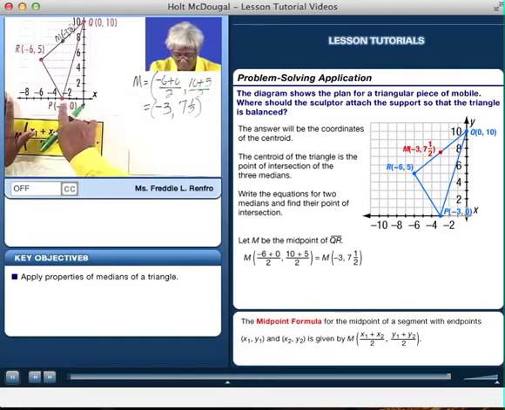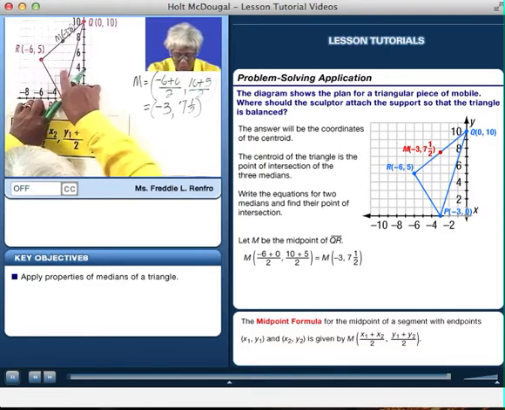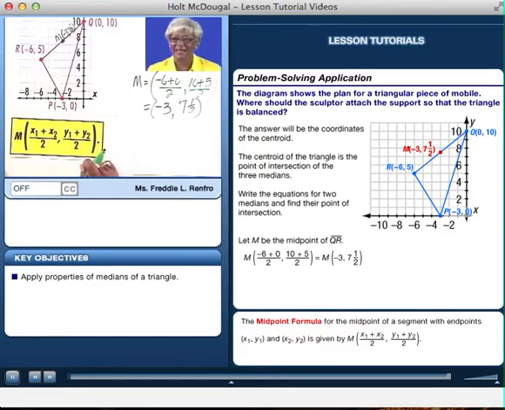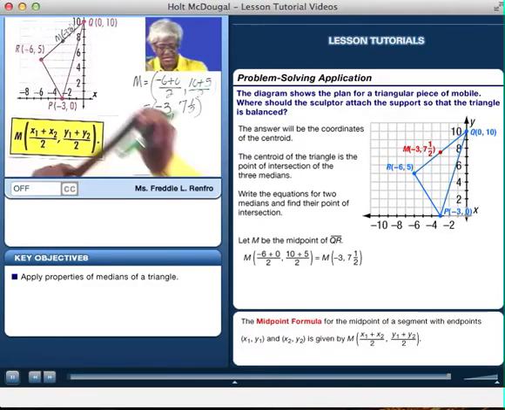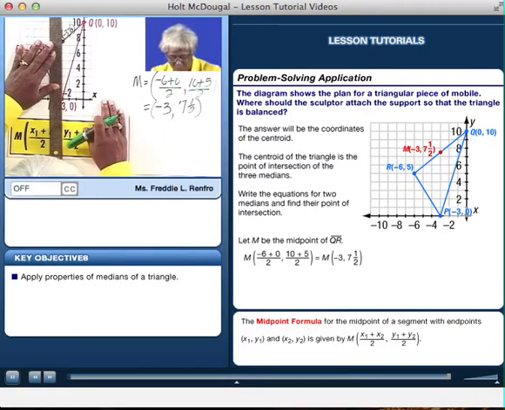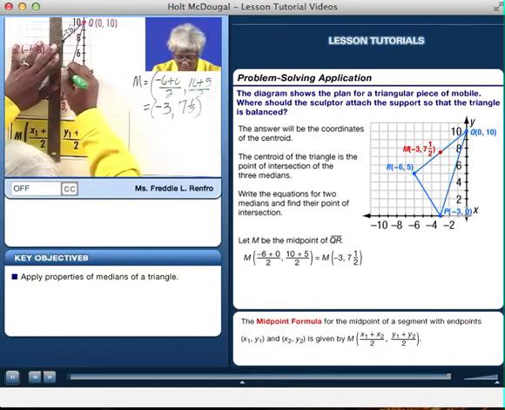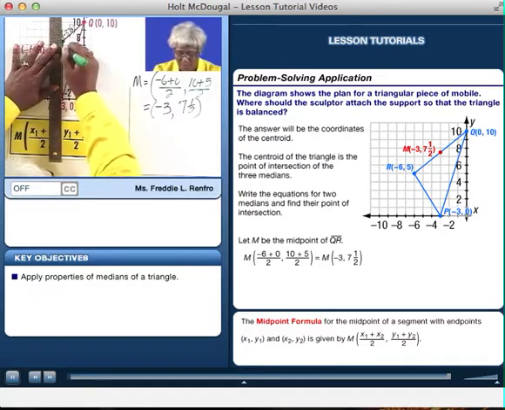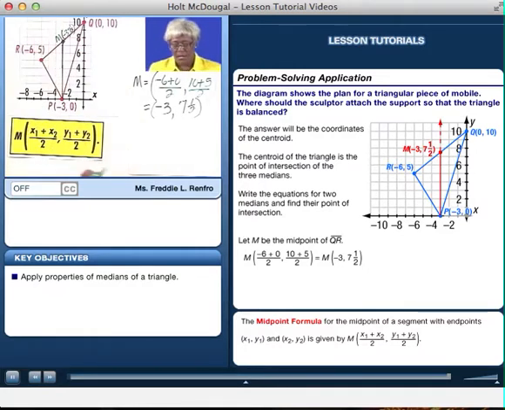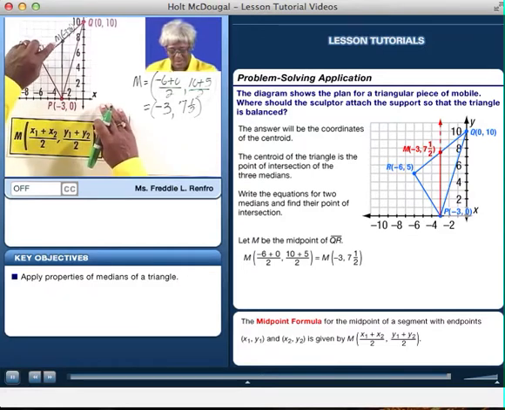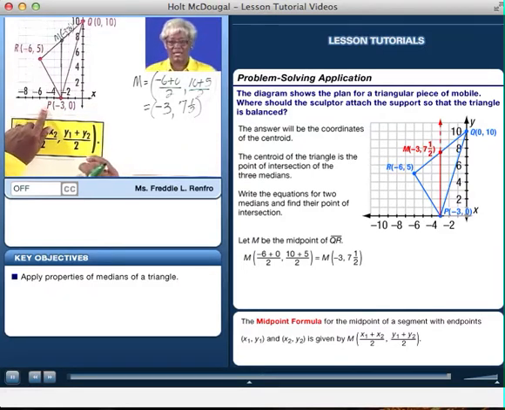Now just check. Look at this. -3, 1, 2, 3, 4, 5, 6, 7.5. I am going to draw that median, because I want to find out where the three medians intersect, or at least two of them. So line segment MP is one median.